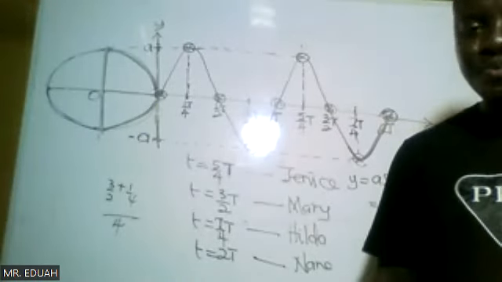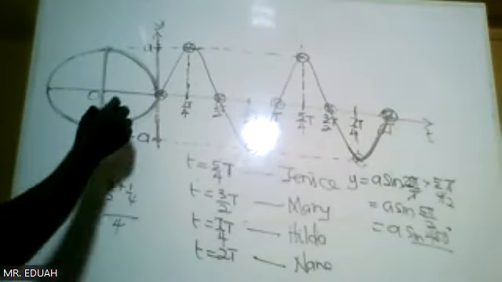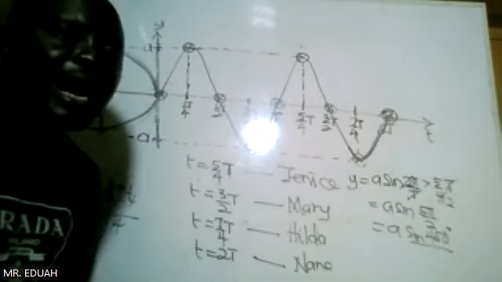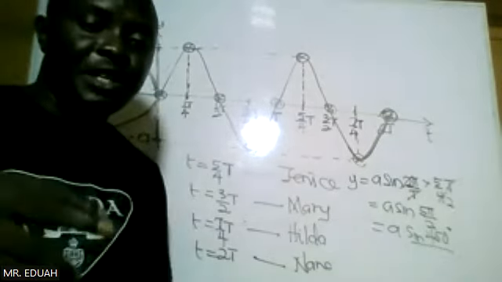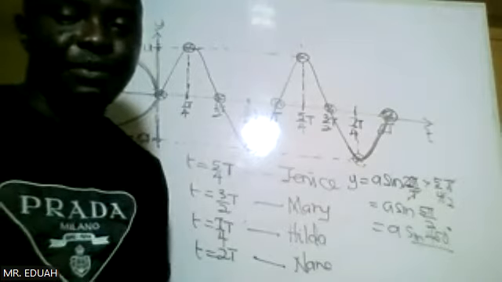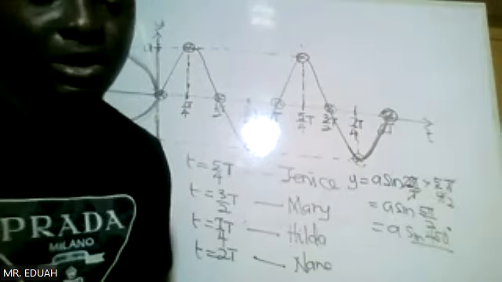Okay. So, because the body's displacement changes with time, at another point it is here, at another point it is here, up and down. It means that it will have a certain velocity, because the rate of change of displacement with time gives us velocity.